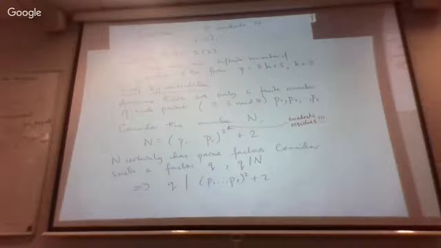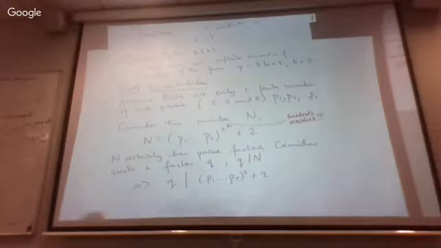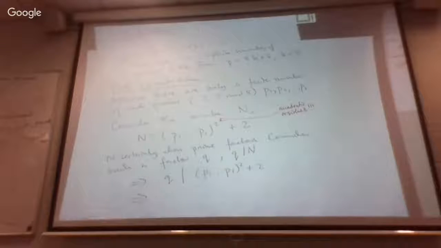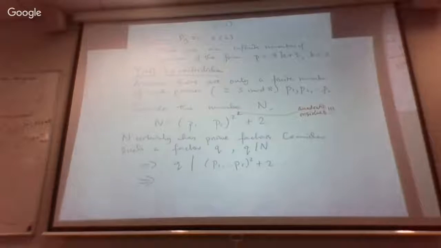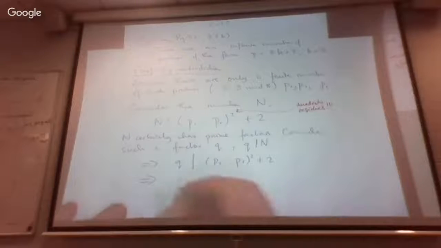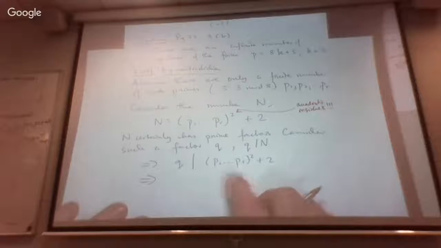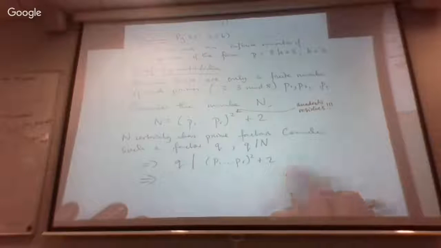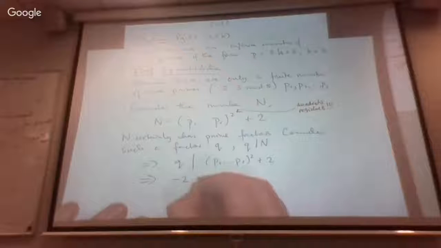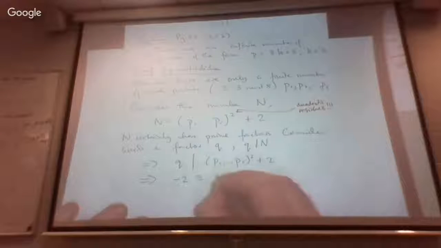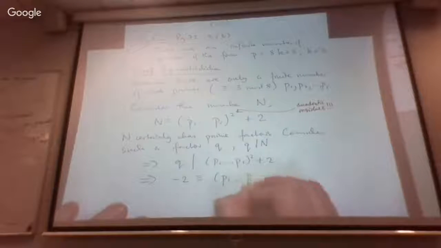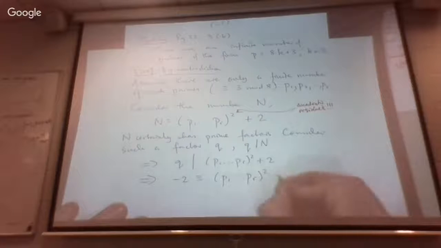So what is this saying about the quadratic residues? Remember, we're striving for a contradiction out of this. So q divides this number plus 2. That means that minus 2 is congruent to this number modulo q.